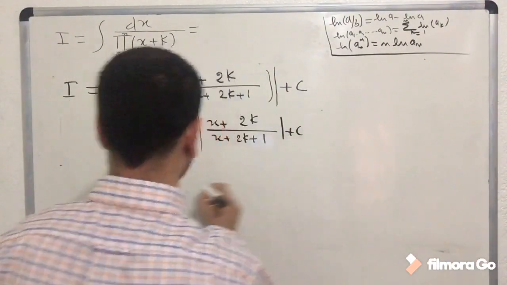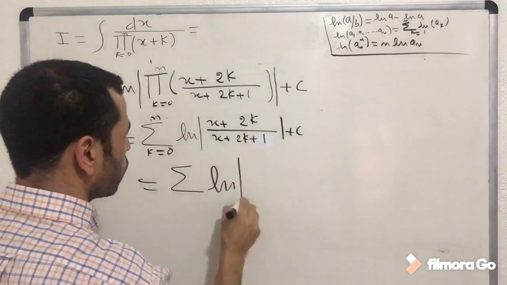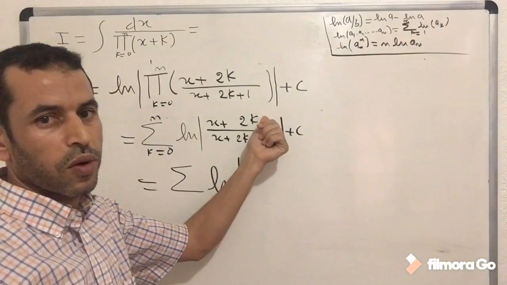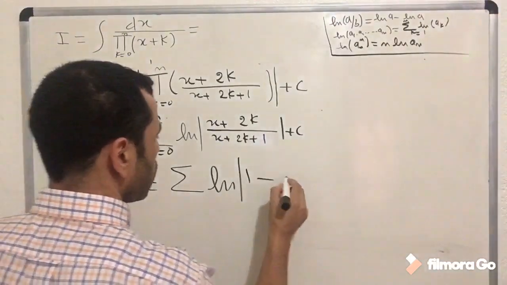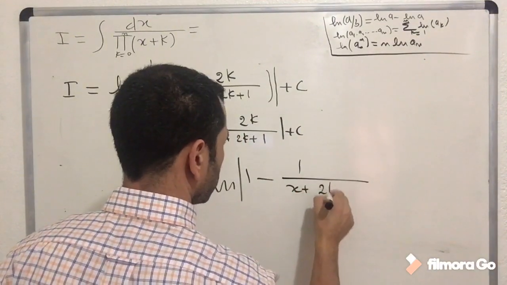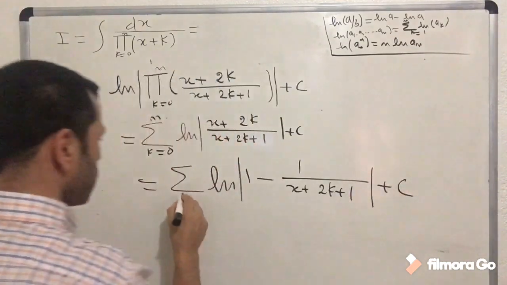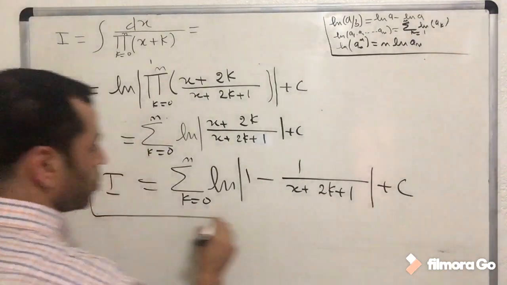We can write this again this way, natural log of, we add number 1 here and subtract number 1 again here, so that means 1 minus 1 over x plus 2k plus 1, plus constant, k from 0 to n. This is our integral I.